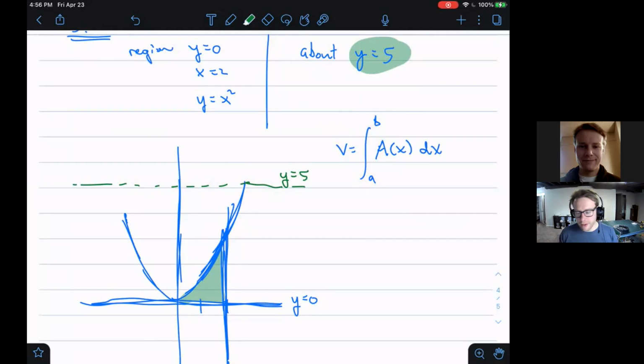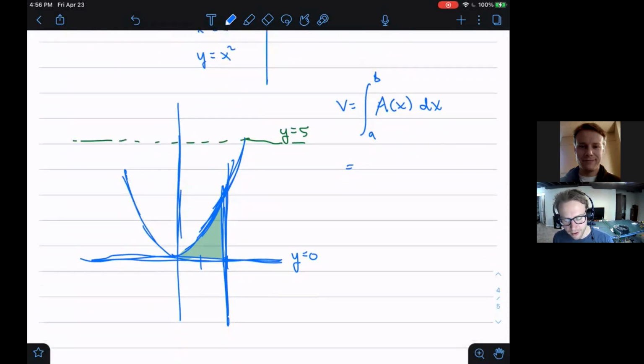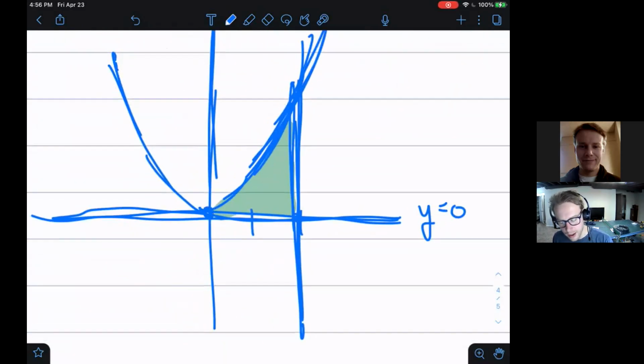So now that we know that we want to integrate with respect to x, that means my bounds of integration should be x values. Looking at my region, I'm thinking about what's my smallest and what's my largest x value included in this region. This one over here is going to be x equals 0.